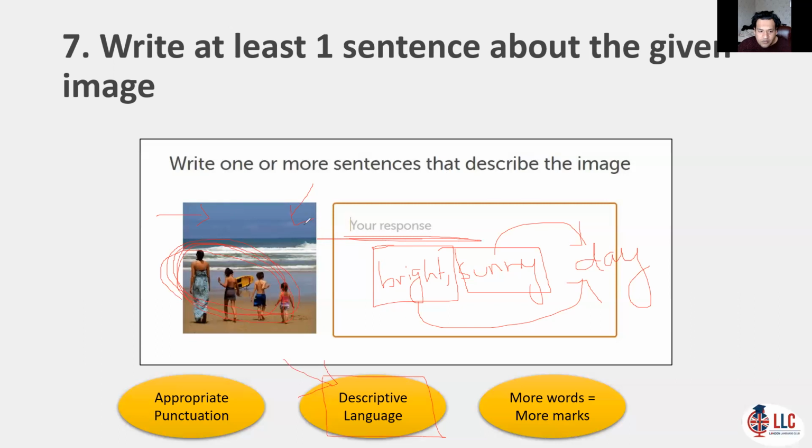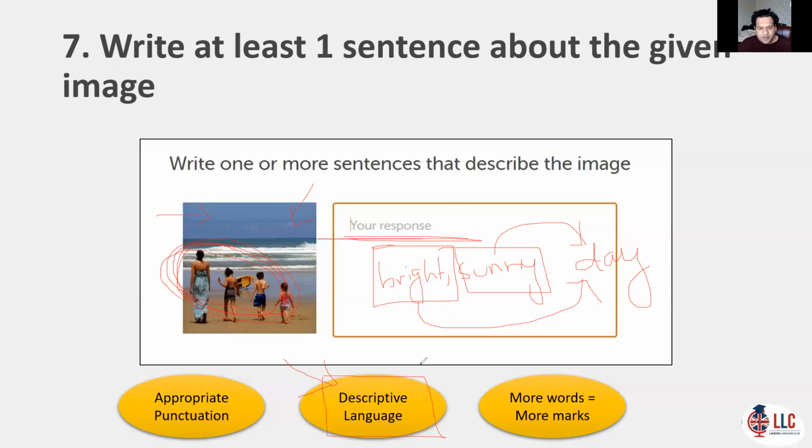For now, we are not going to expand on that part of the response. We will have a separate video to describe your strategies when you don't know how to describe a photo.